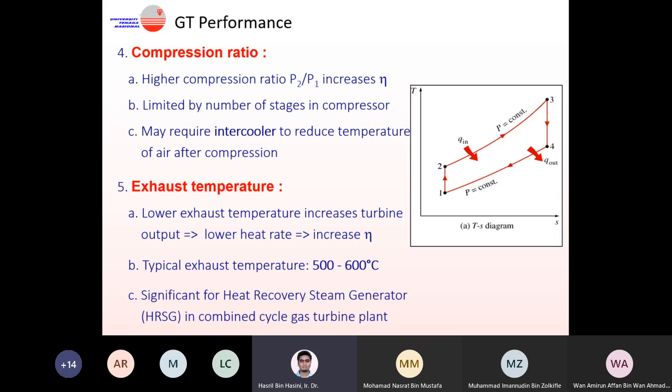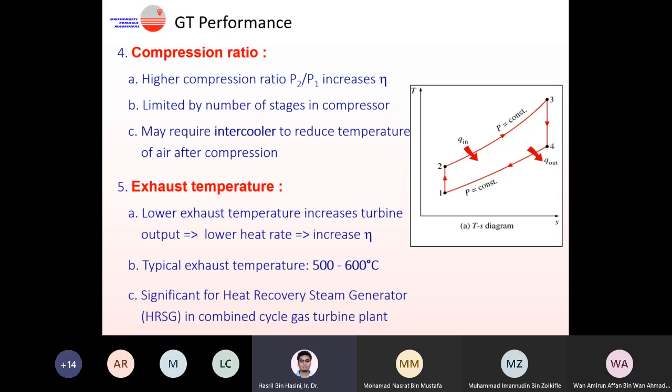Usually when you talk about efficiency, you're talking about the change in temperature. If you look at the equation, Carnot efficiency for a heat engine is 1 minus TL divided by TH. TH is the combustion temperature.